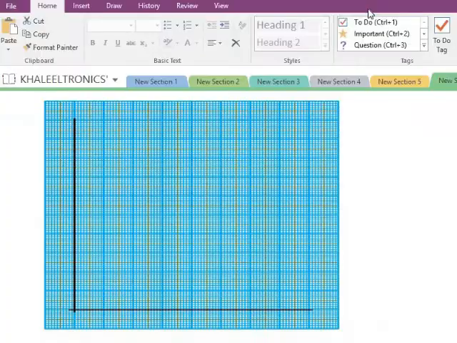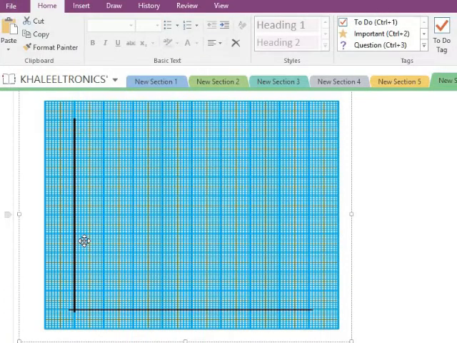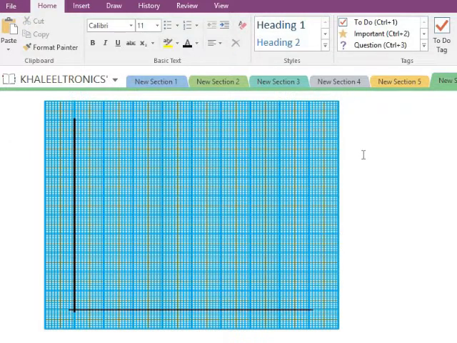Now when I come back to my graph, I can decide which scale to use. Now usually scales are taken in multiples of 2 or 5.